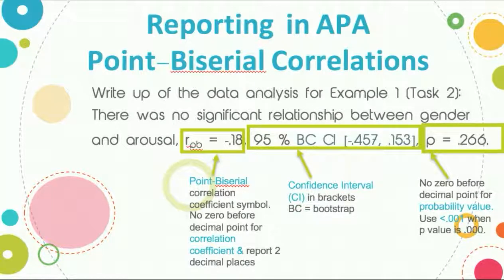And then because it uses the bootstrapping strategy, you have to say 95% BCa, and then CI for confidence interval. That's just letting you know that you have a bootstrapped confidence interval.